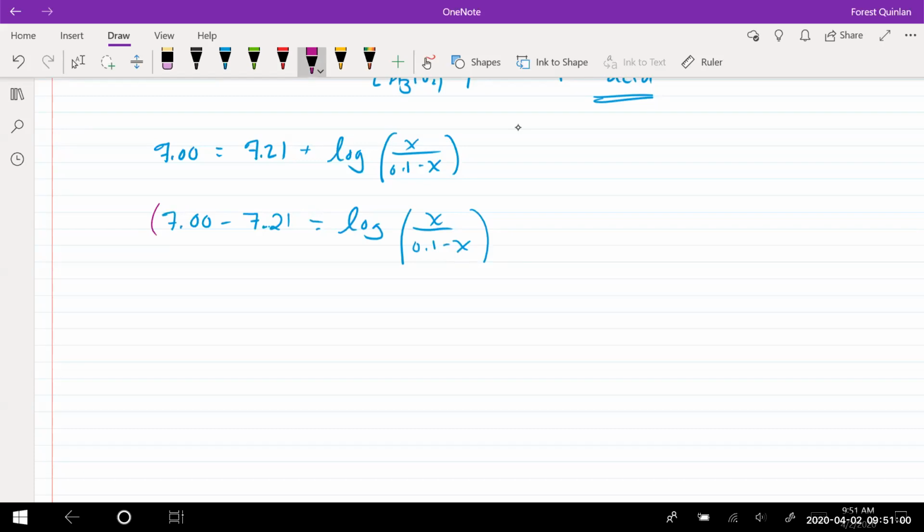We'll go ahead and take 10 to the power of both sides, and we'll end up with 0.6166 is equal to x over 0.1 minus x.